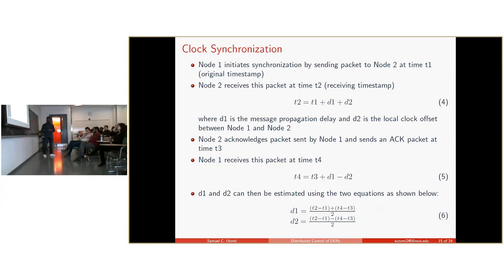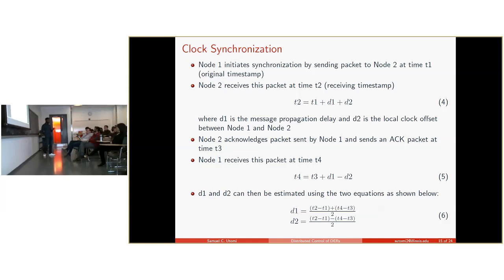First, node 1 sends a packet with time t1 to node 2, which records the time that it receives that packet. Then you have this equation, where D1 is the message propagation delay and D2 is the local clock offset between node 1 and node 2.